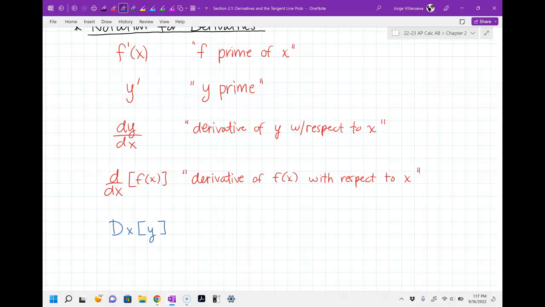That's what this means. It just looks awkward. It's kind of like writing a 1 in front of an x, so you write 1x. You're not wrong, it just looks wrong, right? So we don't really use that one that often.